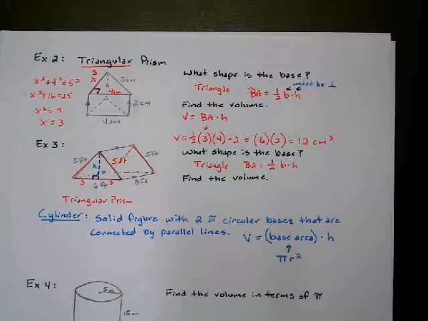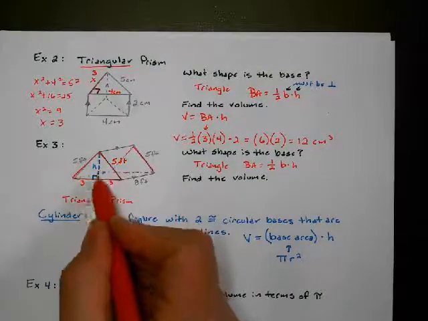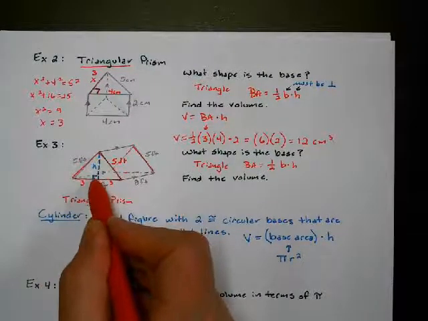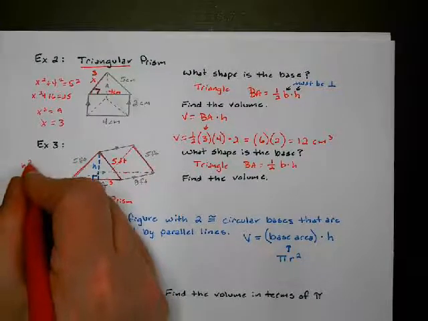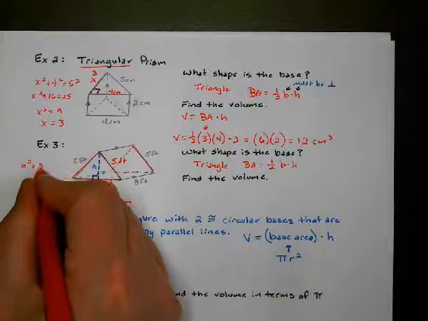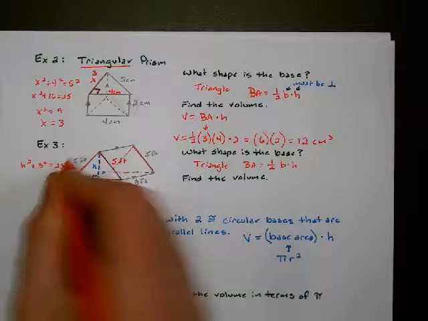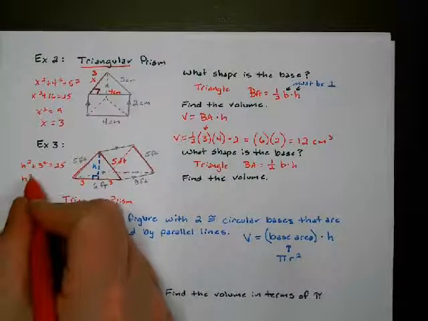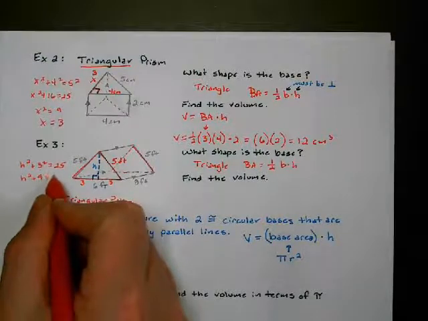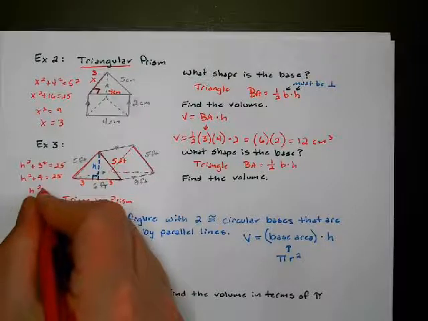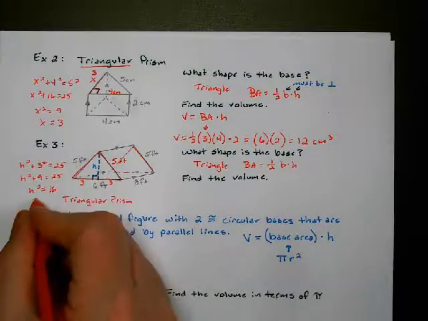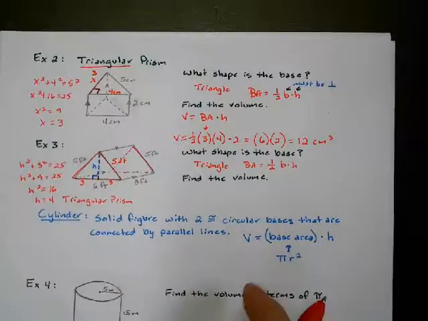So then to find the height, since I've got a right angle right there, and this is a right triangle, I could do height squared plus 3 squared equals 5 squared. You probably already see that the answer is going to end up being 4. So I got h squared is equal to 16, so the height must be 4.